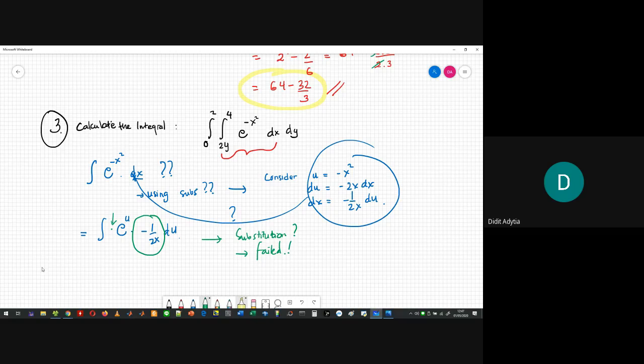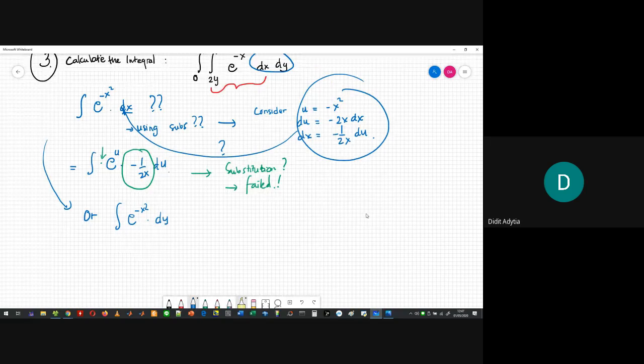Okay, how do we do? So, since this one is actually double integral, we can actually move the order of the integrations. If we can calculate which one is easier, calculating e to the power of minus x squared with respect to x, or calculating e to the power of minus x squared with dy. This is easy, okay?